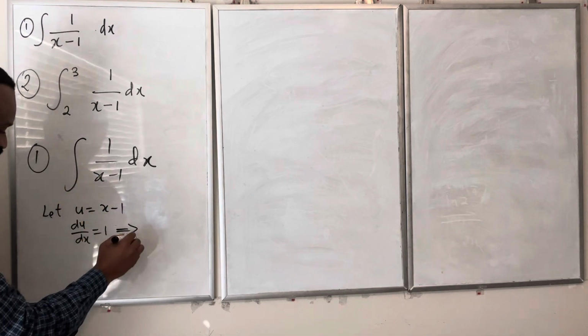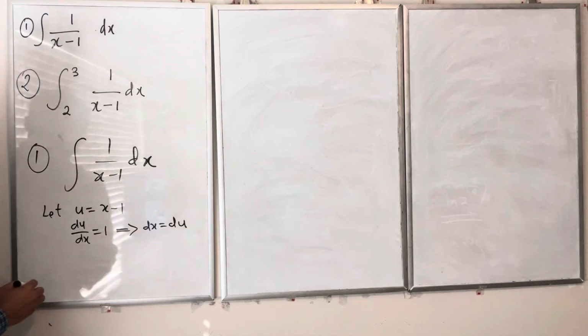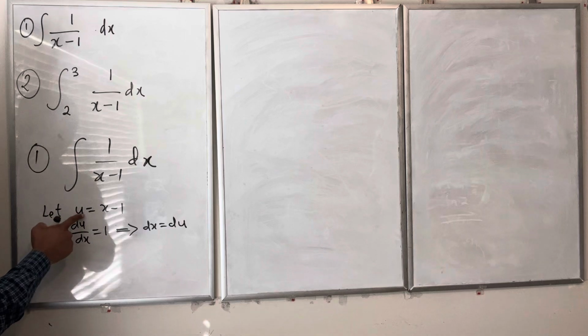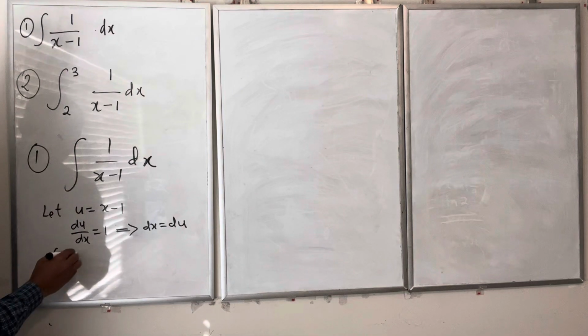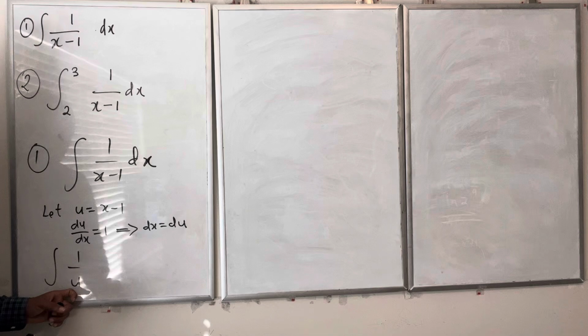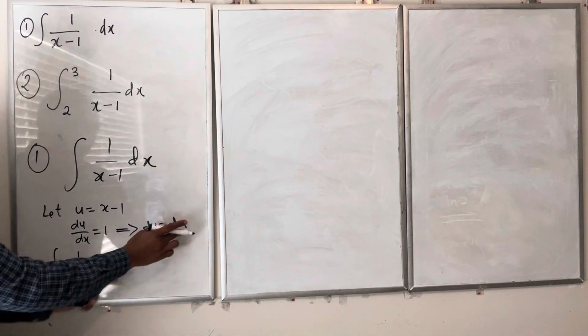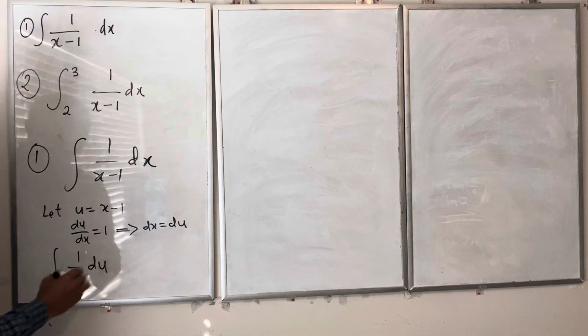And this also implies that dx is equal to du. Now let's substitute u into this position. We'll have 1 over u. Do we write the dx? No. Now that our variable is u, it has to be du.